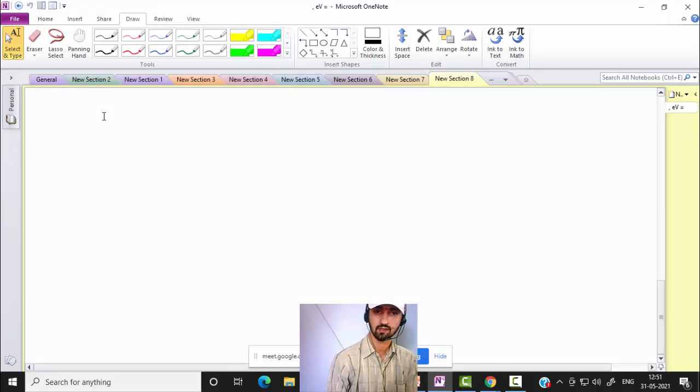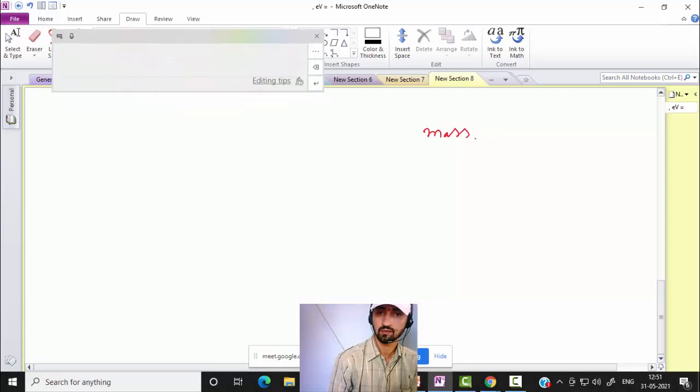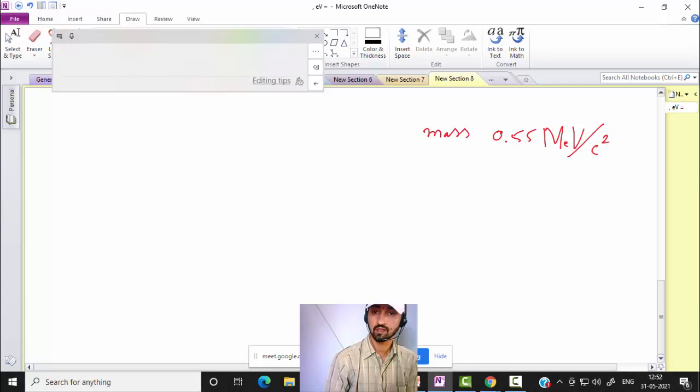Please note down the problem. A particle of mass 0.55 mega electron volt per c square, where c is the velocity of light, M is mega, eV electron volt.